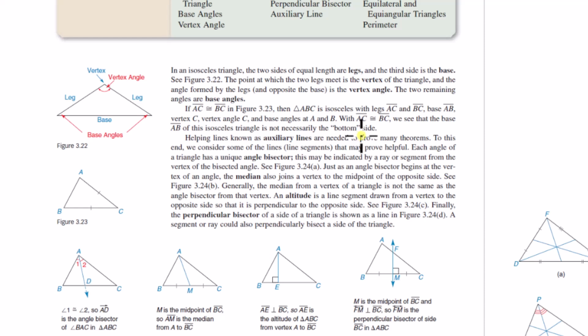Now, it points out that with these two sides being the legs, it's not always the case that the base side is the bottom side, and that makes sense. That's what we're seeing when it comes to comparing congruent triangles, etc. Really, with any figures in geometry, they could be oriented in different ways. The orientation is irrelevant.